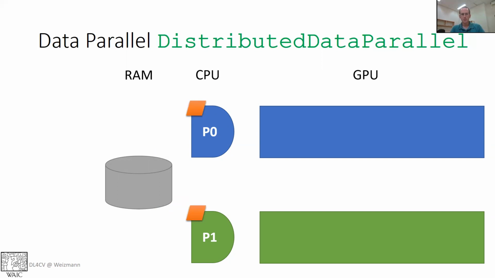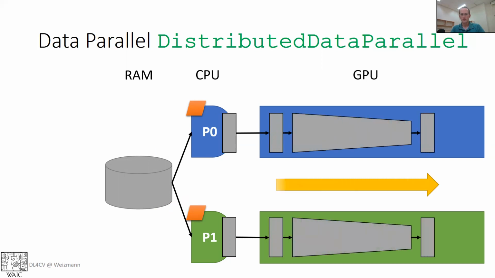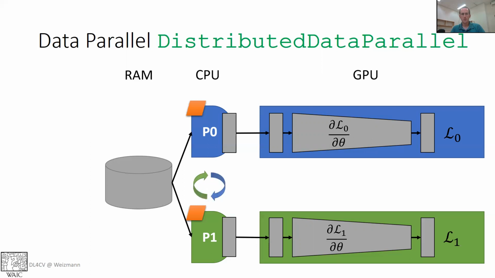So we have the same code that we wrote running basically as 2 programs on different CPU processes. Now each process fetches a different portion of the training data and processes it independently, computing the loss and computing the gradients. At this point, the processes use inter-process communication to synchronize the weights between them.